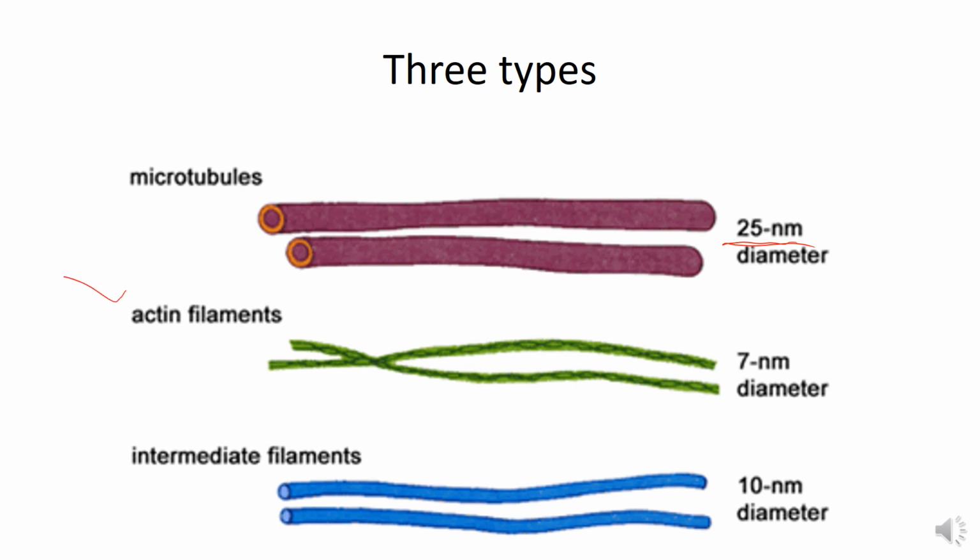They are the microfilaments, with a diameter of 7 nanometers. And then the intermediate filaments, which are intermediate in diameter between the microtubules and the actin filaments, about 10 nm. So these are all made up of proteins which polymerize to form filaments.